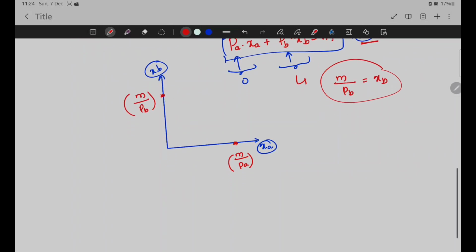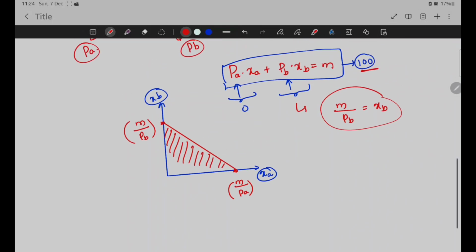Afterwards we'll join this, and in between you will get the bundles of goods that take value less than 100. On this exact line you will be spending 100 rupees as the maximum amount, and for that 100 rupees you are purchasing certain goods. That goods we call as xa comma xb.